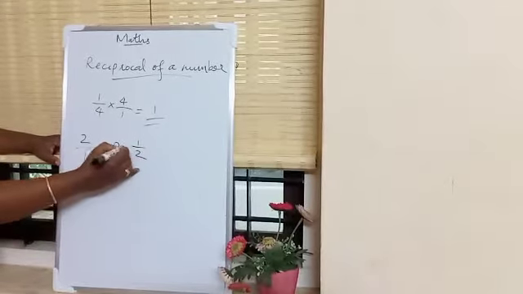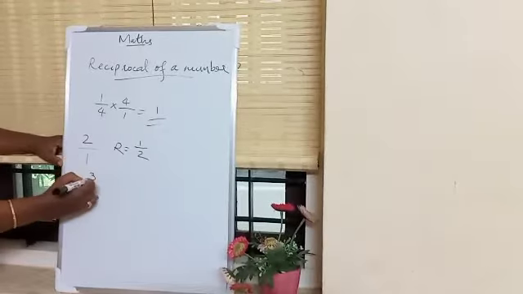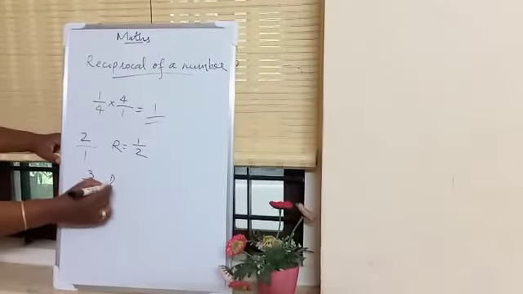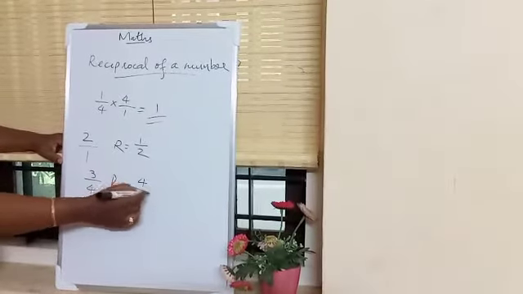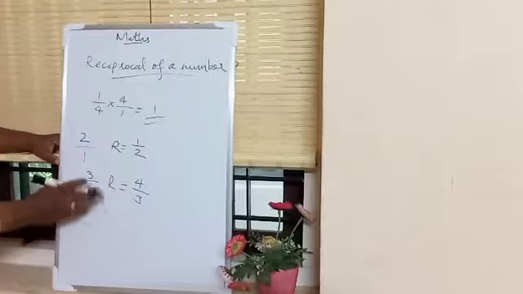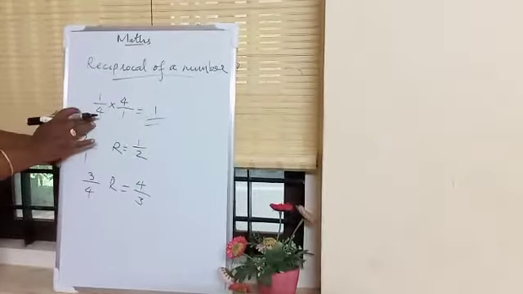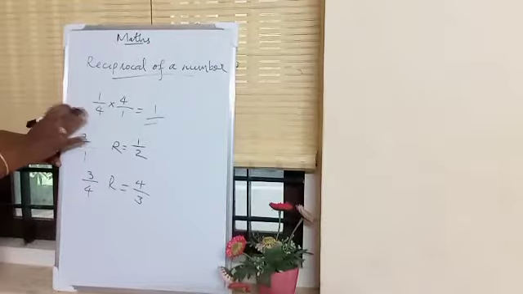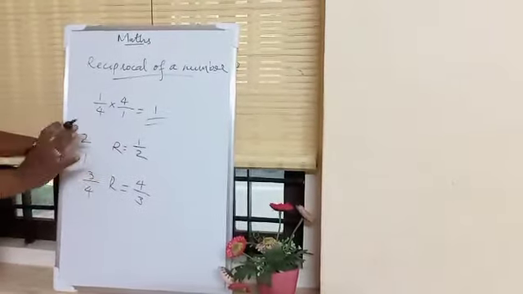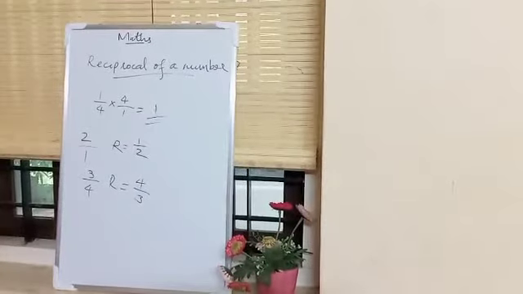Reciprocal is 1 by 2. For 3 by 4, the reciprocal is 4 by 3. Change the numerator and denominator. We already learned this in the previous chapter, fractions.